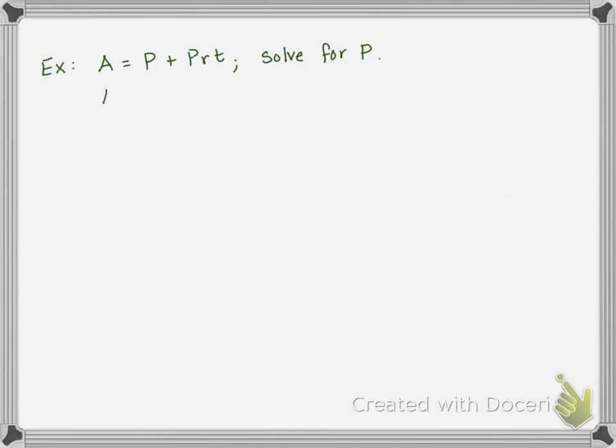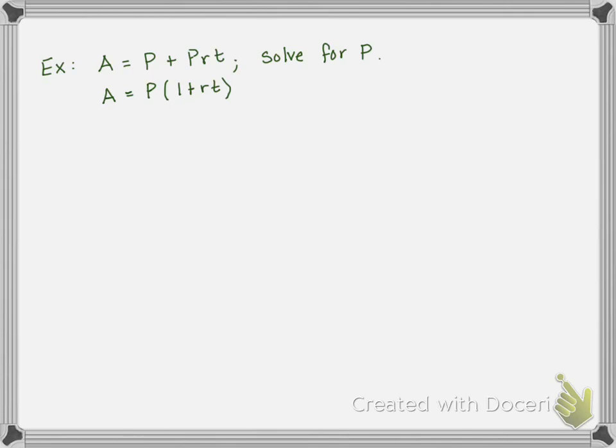So we have A equals P times (1 plus RT). Remember, just like with polynomials, the number of terms inside the parentheses needs to be the same as the number of terms you started with before you took out a GCF. So you put that 1 in there as a placeholder.